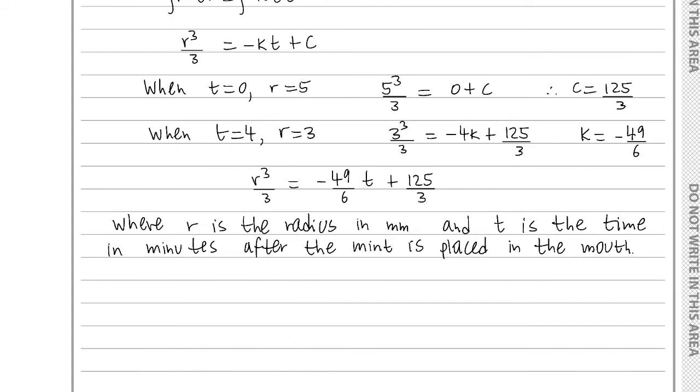Hence, find the total time taken for the meat to completely dissolve. Give your answer in minutes and seconds to the nearest second. So in other words, if R is 0, this means that 0 is minus 49 over 6 t plus 125 over 3. So 49 over 6 t is 125 over 3.